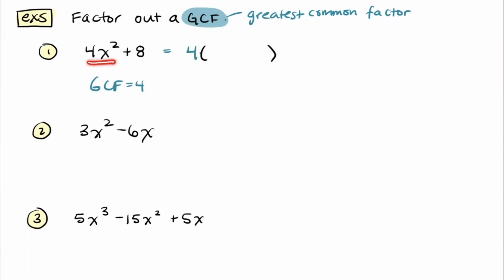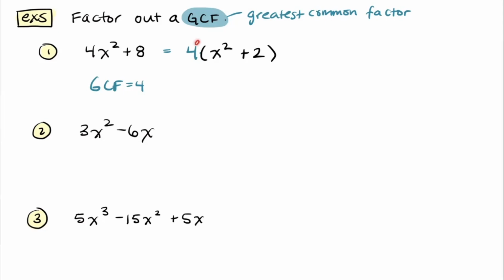In order to have a 4x squared, if we were to distribute the 4 back in, we would need an x squared here. And in order to have plus 8 left, we would need a plus 2 in the second part of our parentheses. So this is factored by taking out a GCF, which is the 4 here.